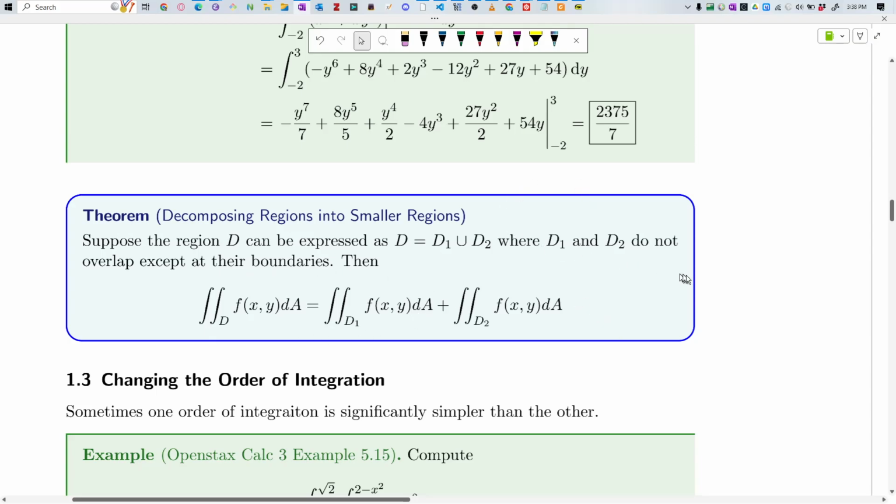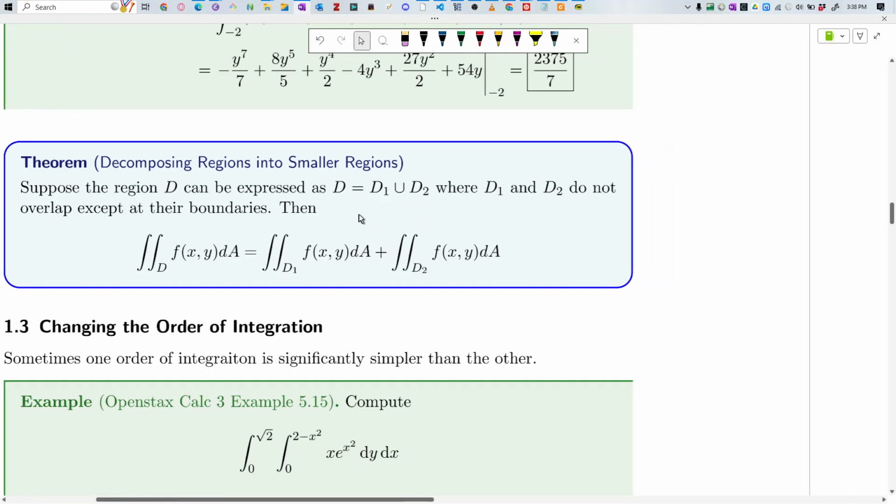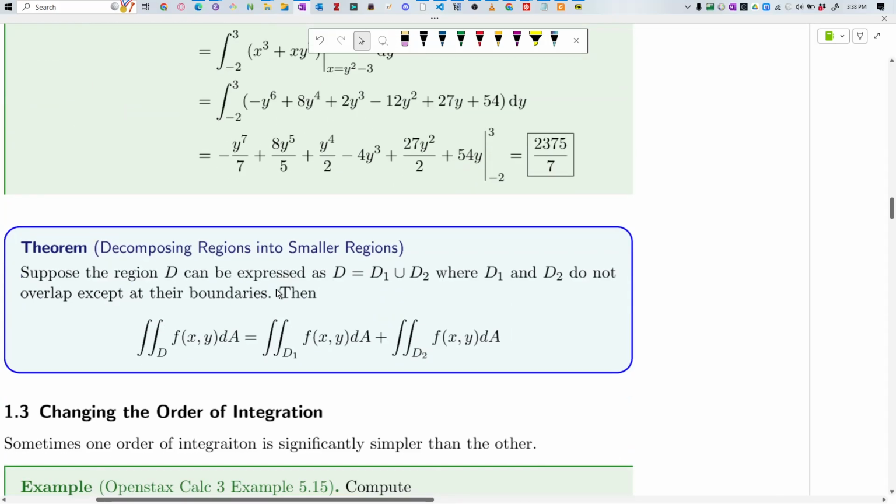So something that the book mentions, which I didn't bother to write up an example. You don't have something like this in your homework for some reason, but I mentioned it in passing here, right? If you want to split your region up, you could then sum over the split up portions.